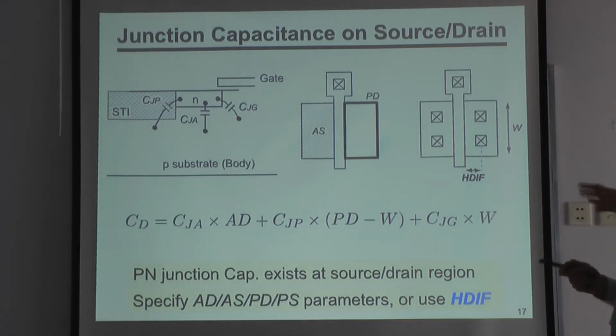So once you decide this, you can automatically calculate the area of source and area of drain, and once you know the W, we can calculate the peripheral length. So if your SPICE parameter has HDIF, you don't have to care about AD, AS, PD, PS. And if your SPICE parameter does not have HDIF, you have to input these parameters.